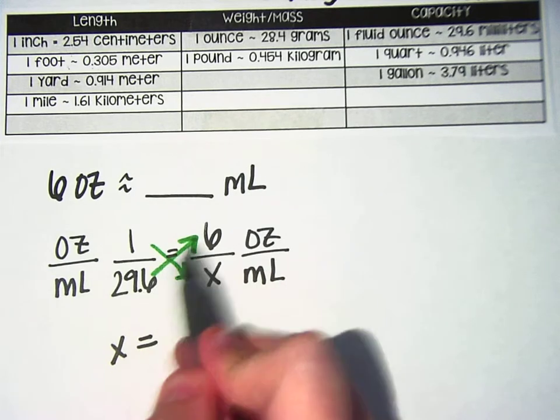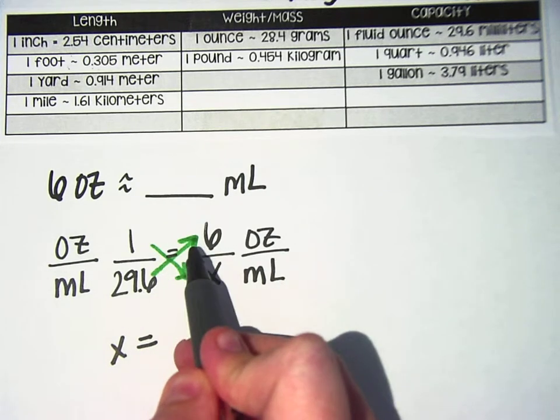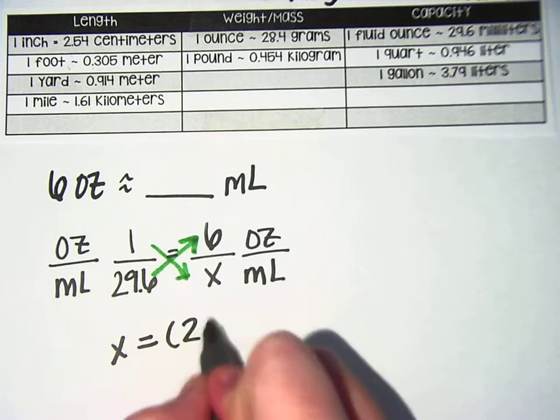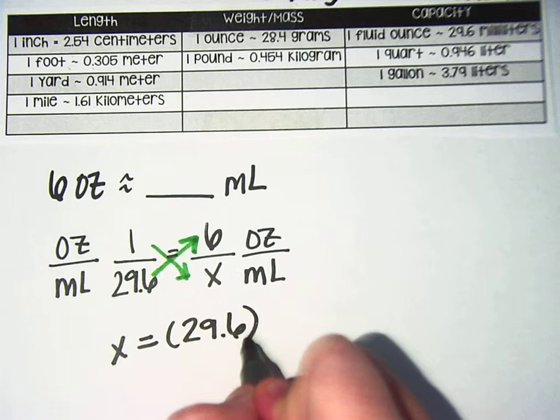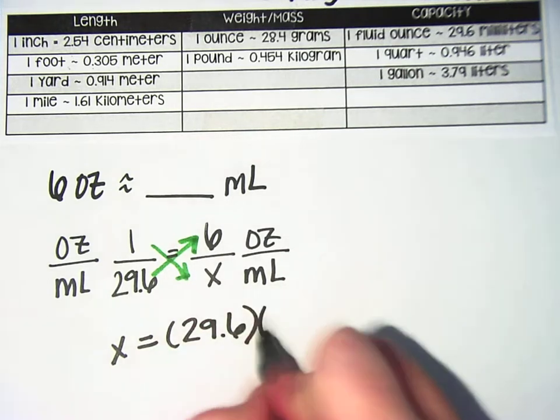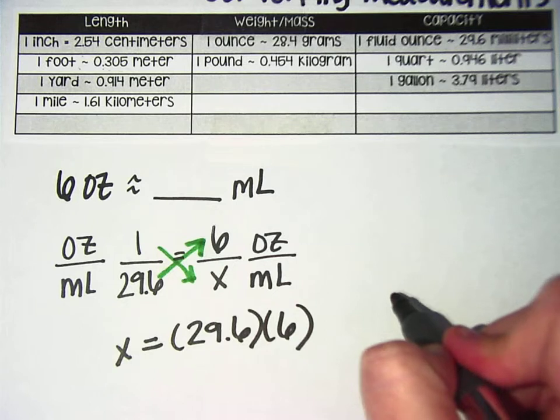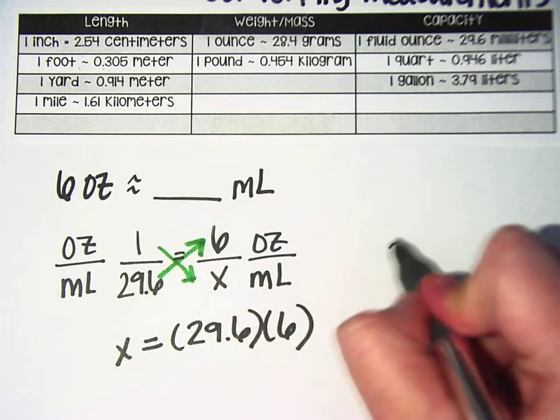Then I'm going to write this out just so you can see what my thought process is, and I want you to do that too. I have 29.6, and we're going to multiply that times 6. Okay? Then you're going to come over here, and you're going to line them up.